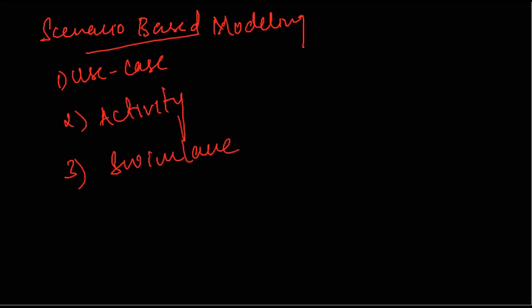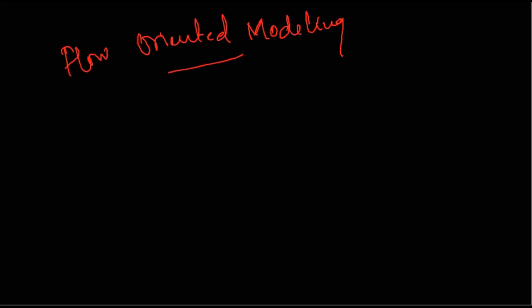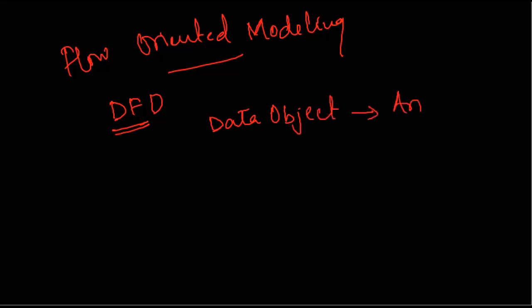After the scenario-based modeling, we have seen flow-oriented modeling. Within this flow-oriented modeling, we have seen the data flow diagram. Within this data flow diagram, each data object was represented by arrows.